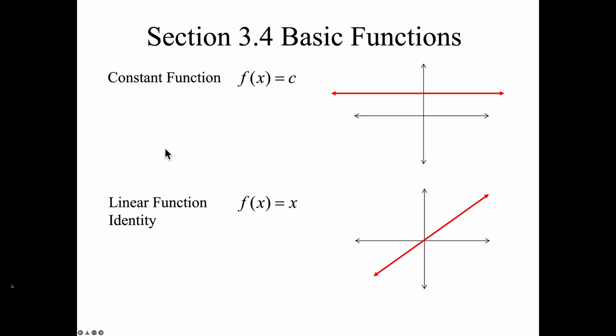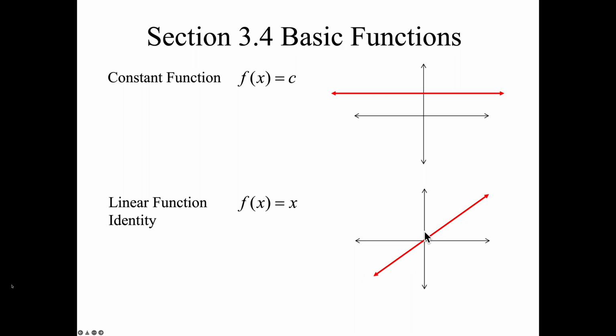Then the next function is a linear function. Some authors call it the identity function. This would be y equals x, or f of x is equal to x. This would be a slanted line cutting quadrant 1 and quadrant 3 in half diagonally.